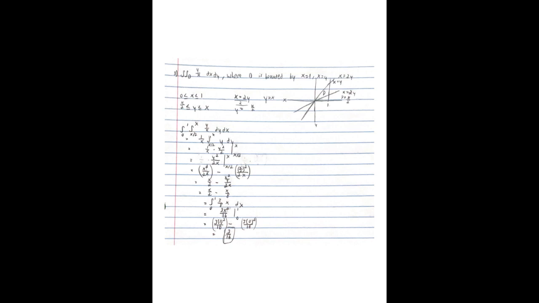And then to figure out the y boundaries, I just had to take x equals y and change it to y equals x, and then x equals 2y, I got y equals x over 2. So then the boundaries for y were x over 2 is less than or equal to y, and y is less than or equal to x.